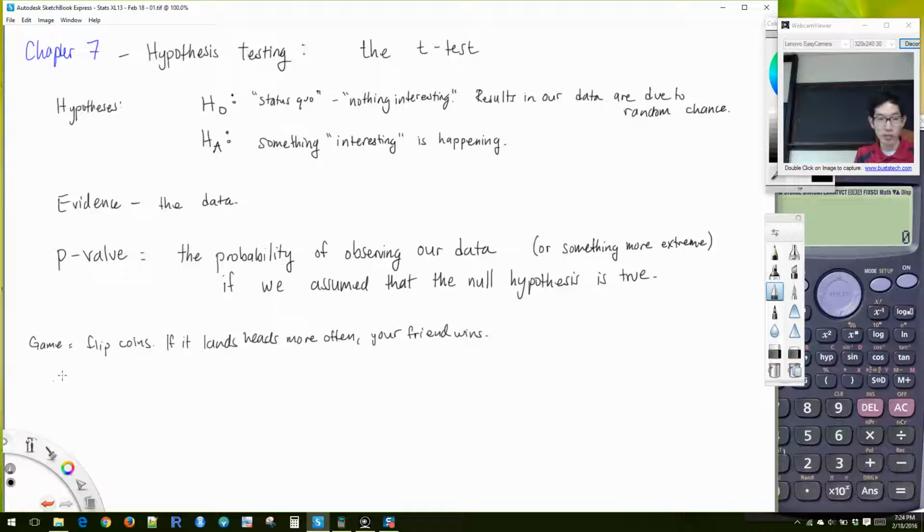Scenario 1: 10 flips, and the friend says 7 heads.